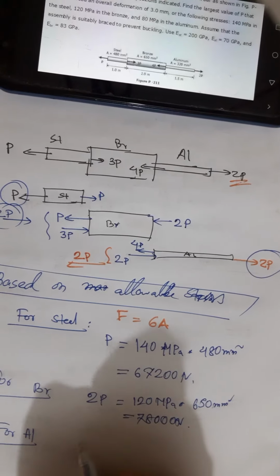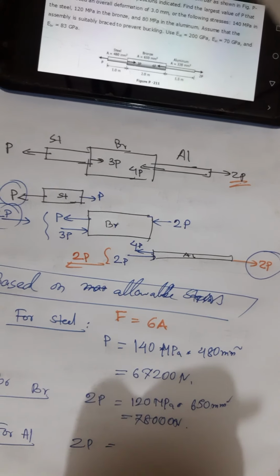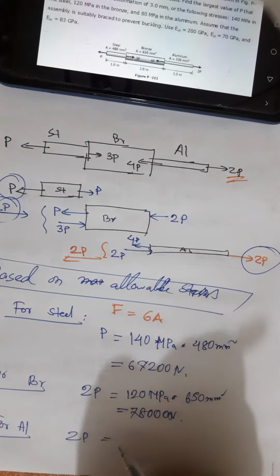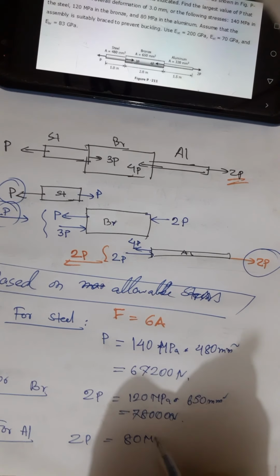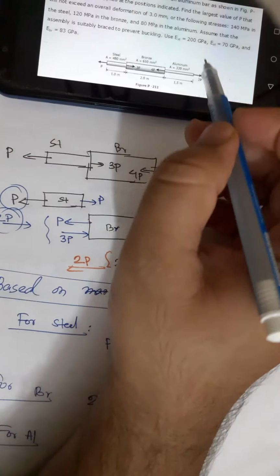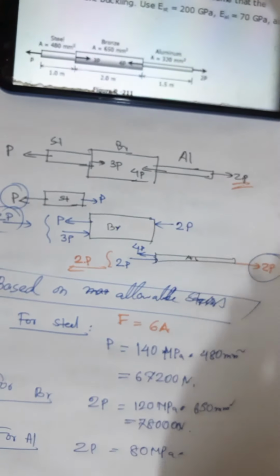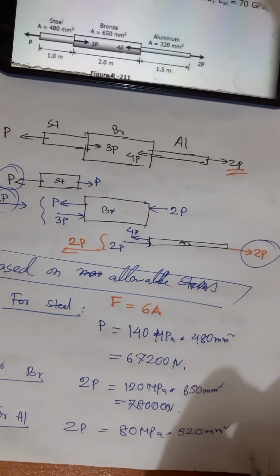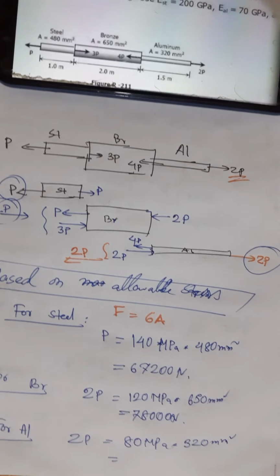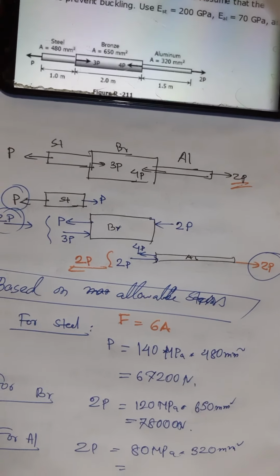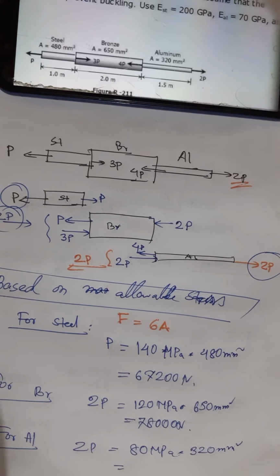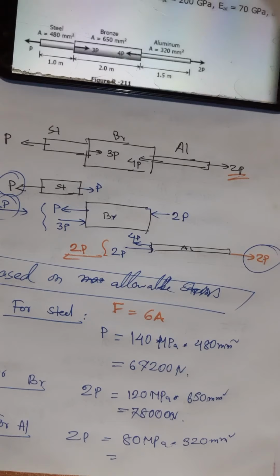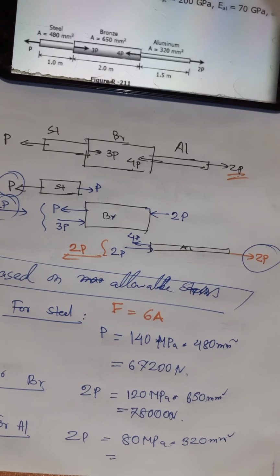So 2P equals, allowable stress for aluminum is 80 megapascal, into cross sectional area of the aluminum, 320 millimeter square, and this force will be 25,600 Newton.